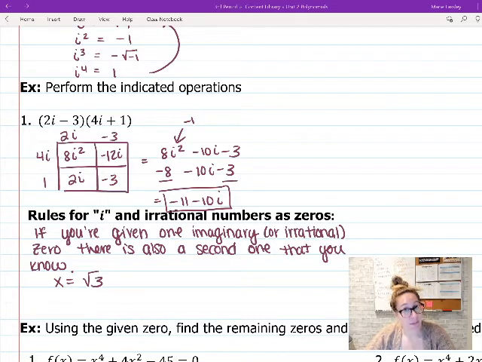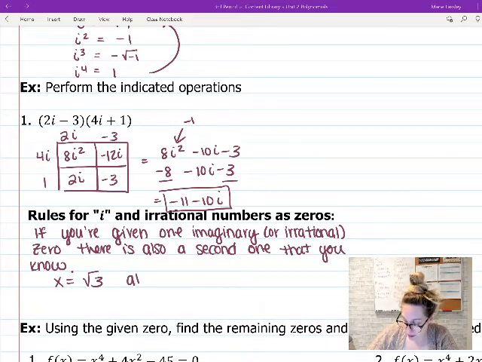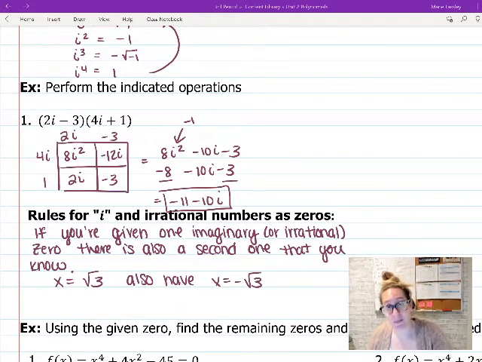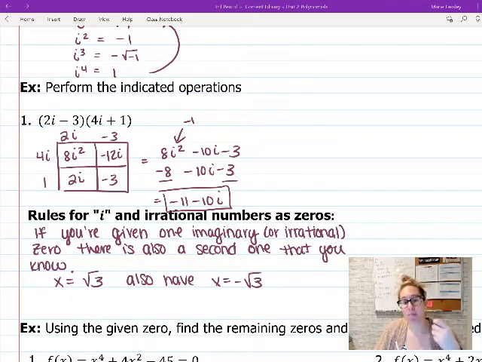Well, if you have the square root of 3, you also have negative square root of 3. Right? Because in order to get that 3, you had to square root something. Anytime you're square rooting something, you always have a plus or minus. So if the problem gives you the positive version of the square root, then just know you also have the negative version of that square root.